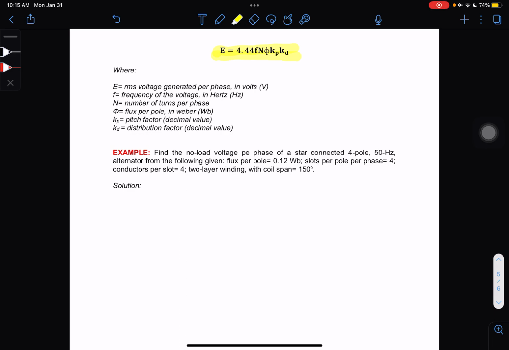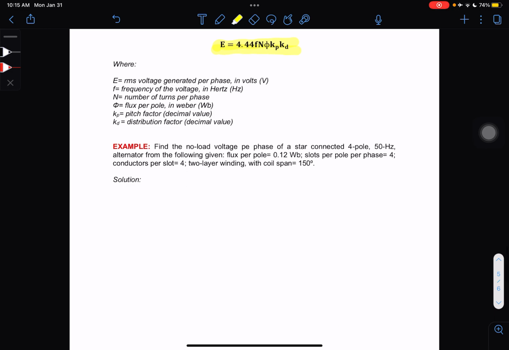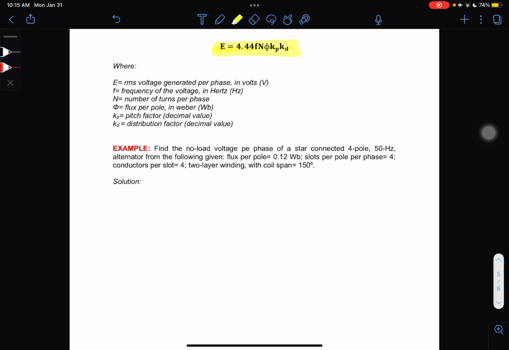Find the no load voltage per phase of a star connected 4-pole 50 Hz alternator from the following given. Flux per pole is 0.12 Weber. Slots per pole per phase is 4. Conductor per slot is 4. 2-layer winding with a coil span of 150 degrees.